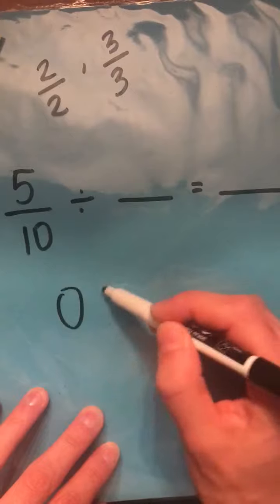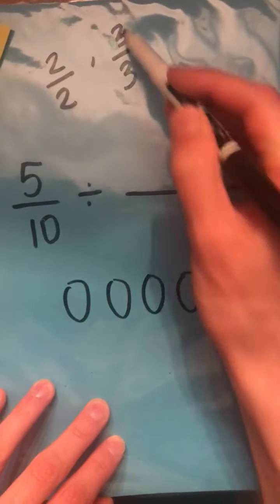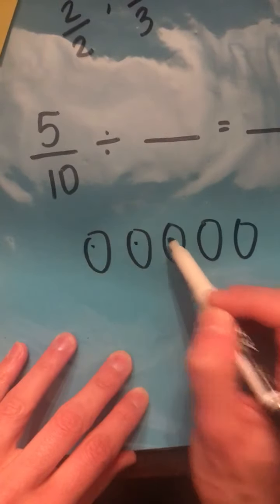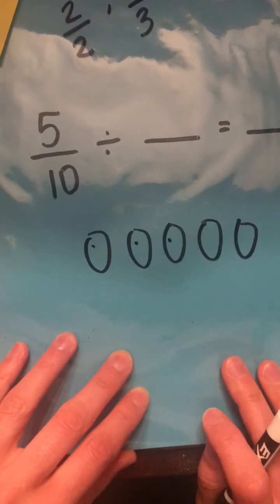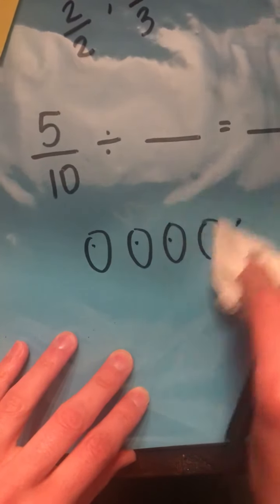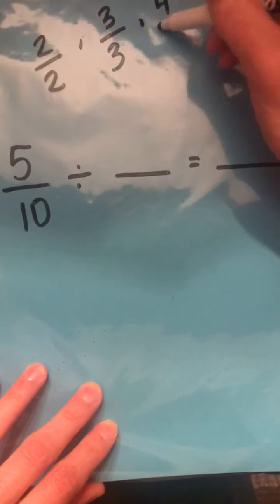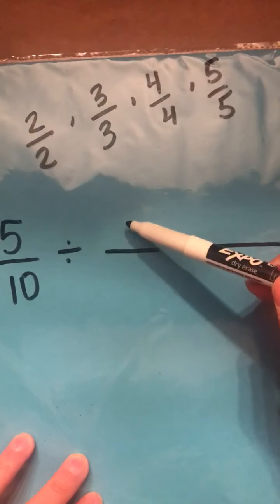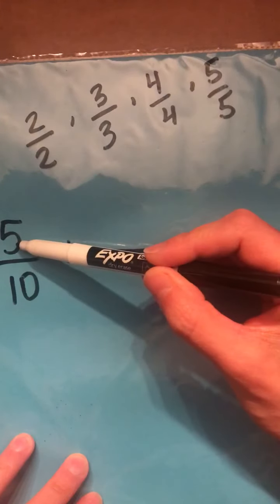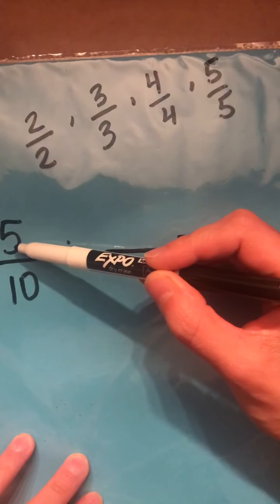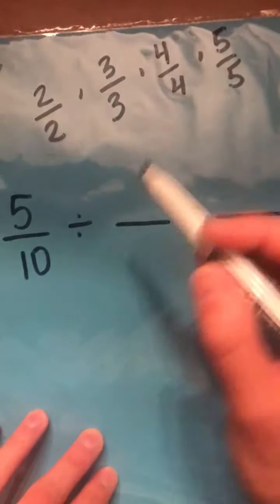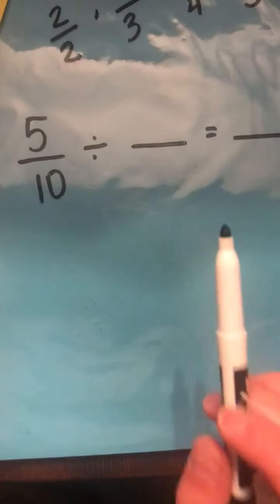If I had 5 friends and I had 3 pieces of candy, can I equally share that candy amongst my 5 friends? That's not going to work. So maybe you could try 4 over 4 or 5 over 5. So you have to find a fraction that you can use to divide 5/10 by. So when you're ready, you can go ahead and pause the video and work through the rest of this problem.